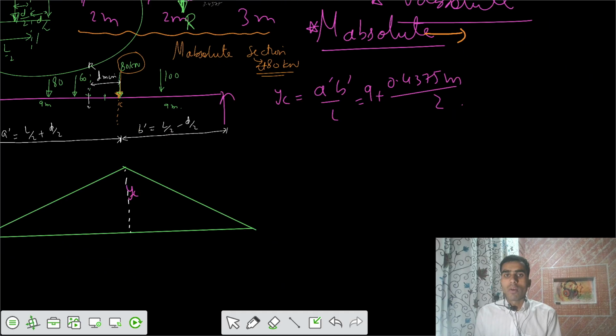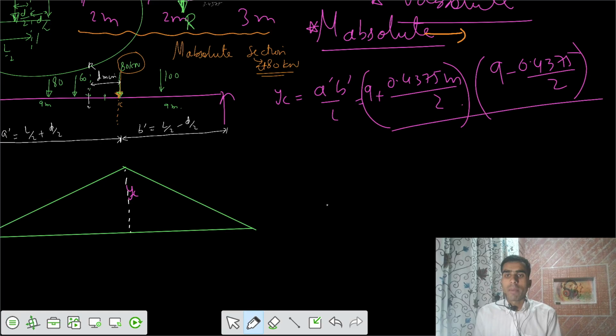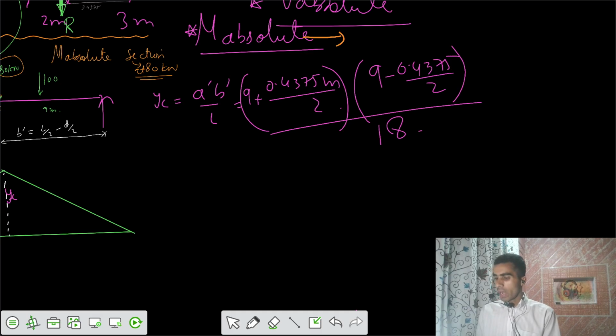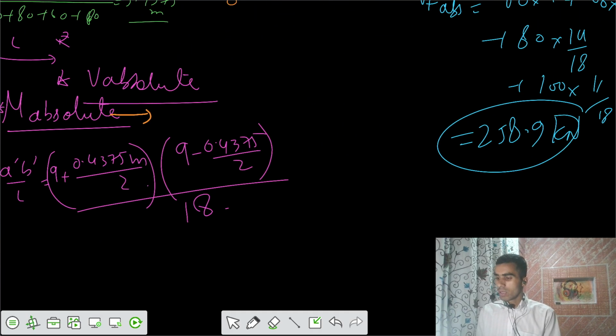So you would get the value of A dash. Similarly, B dash is 9 minus 0.4375 divided by 2. And this is your A dash B dash divided by L, and you can get an ordinate of YC, which is equal to 4.4974 meter.